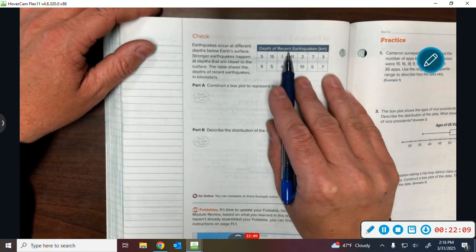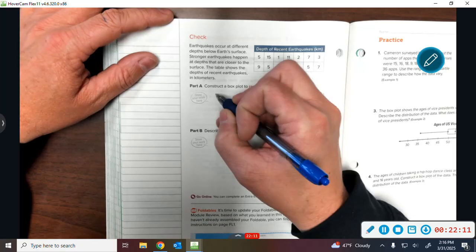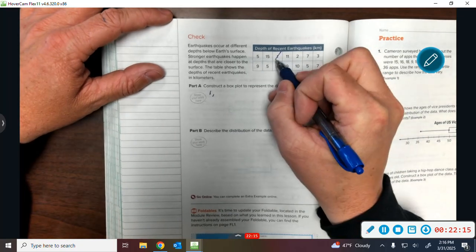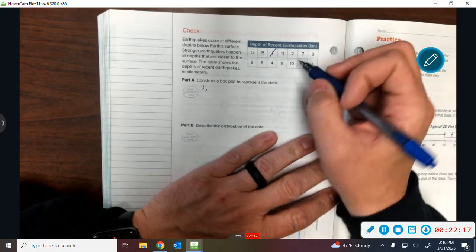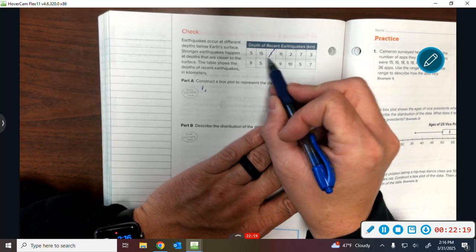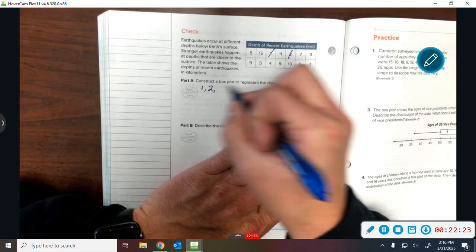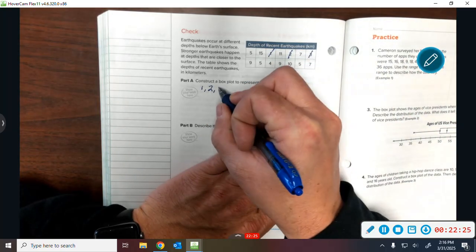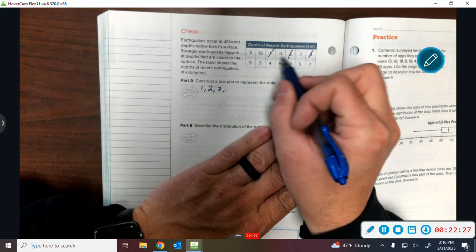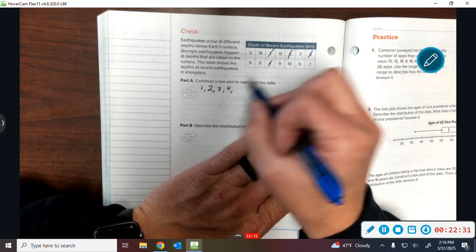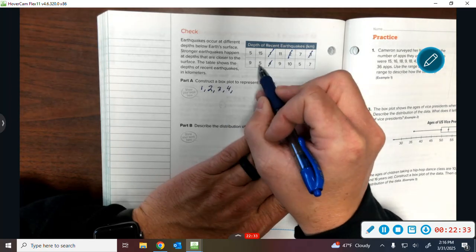Our smallest is 1, so we're going to write them all down. I like to cross them out so I don't get confused and use one again by accident. 1, and then 2, and then 3, and then a 4, and then 5, 5, and 5.